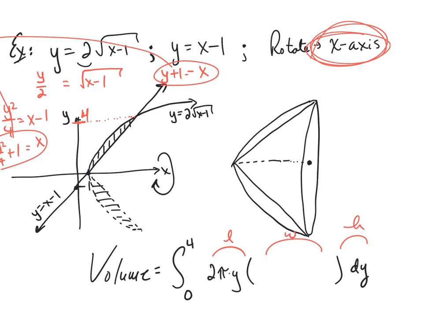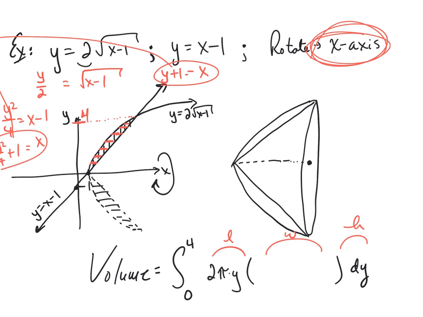So what makes this one really tough is the width. Okay? And that's tough because when you look at the width of the layers, the width is going to be horizontal between the two curves. In all of our other examples that we've done, go ahead and look back, we've always been using either the x-axis or the y-axis as either a side or a bottom to one of our two-dimensional regions.